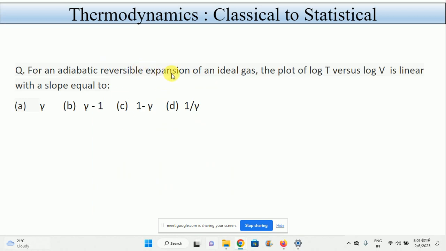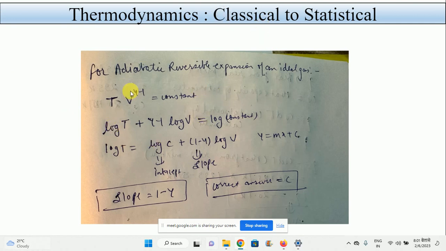Adiabatic reversible expansion of an ideal gas, the plot of log T versus log V is linear with a slope equal to what? So we know the equation TV to the power gamma minus 1 is equal to constant. This is derived from PV to the power gamma is equal to constant. So by taking the logarithm of this, log T plus gamma minus 1 times log V is equal to log of constant.